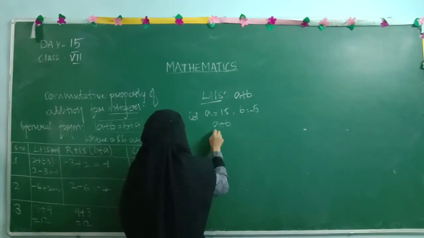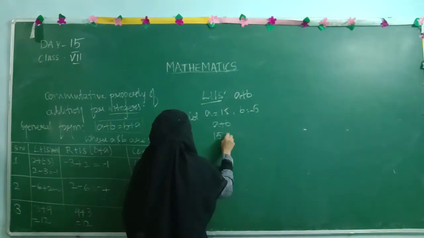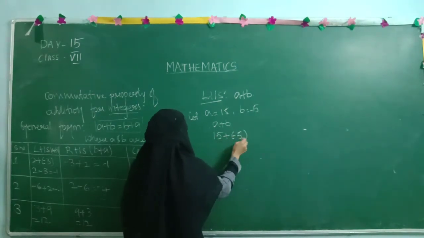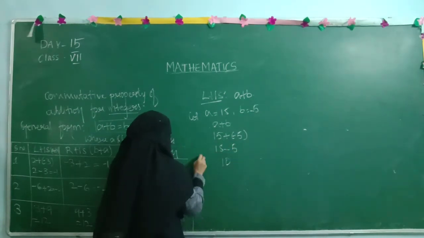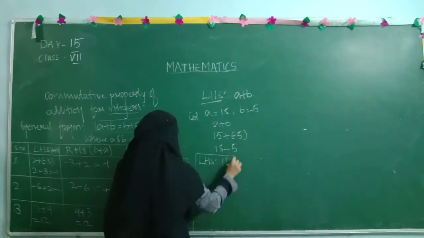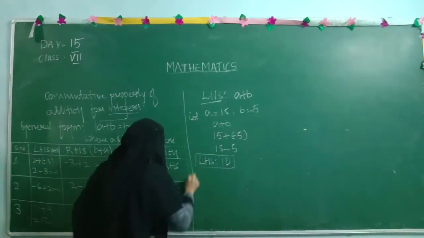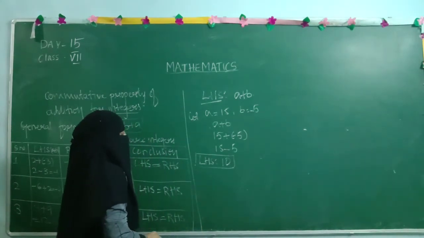What is the value of a? a is 15, b is minus 5. So 15 plus minus 5, which is 15 minus 5, nothing but 10. So this 10 is nothing but your LHS value. LHS you got as 10.